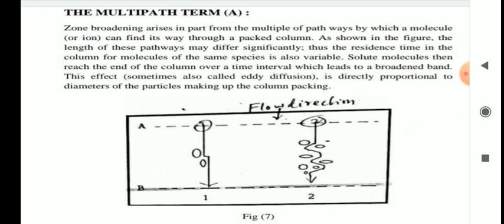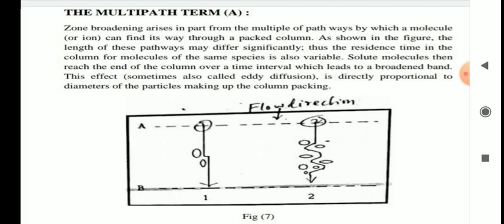So they will have a tortuous path, and solute 1, solute 2, solute 3, etc. They will have different molecule 1, molecule 2, molecule 3, etc. of a particular compound. They will undergo different paths through the column before they reach the end of the column. Now this will result in a multiple flow path, and because of that, molecule 1, 2, 3, etc. will come out of the column at different times.